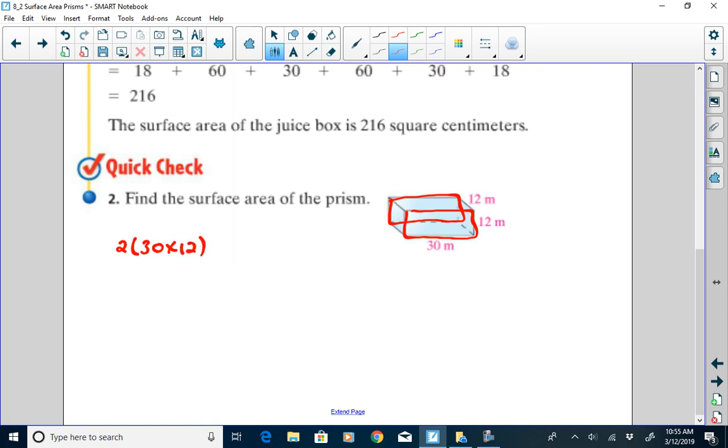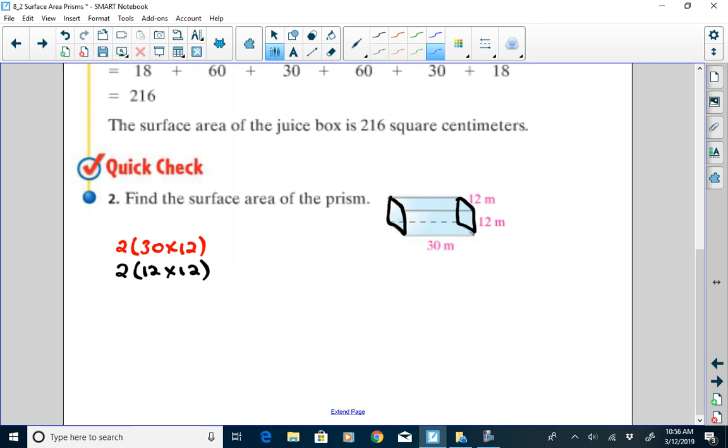All right? Then let's take a look at two more rectangles. All right, let's take a look at our side rectangles. I have this side rectangle here and this side rectangle here. Those rectangles are 12 by 12. So we have two rectangles that are 12 by 12.